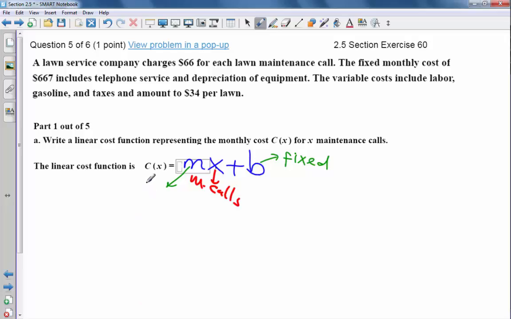So this is your per loan cost. And if you service 10 loans, it's 34 times 10. So this is 34, we already know. And this is unknown, we don't know how many, because it depends on how many calls you get. It should stay variable. But B, do we know B?